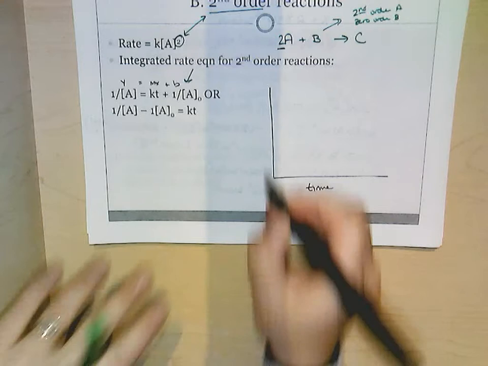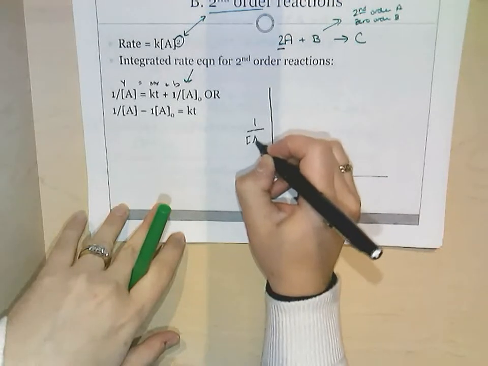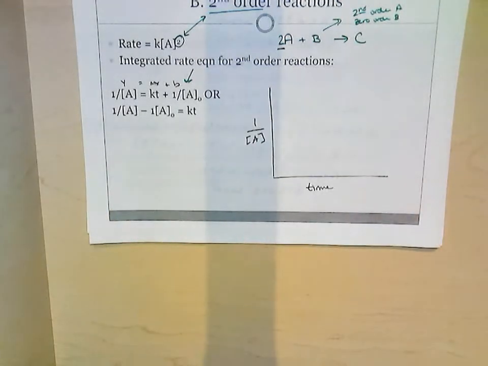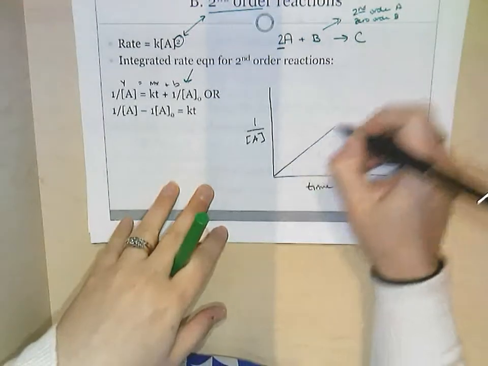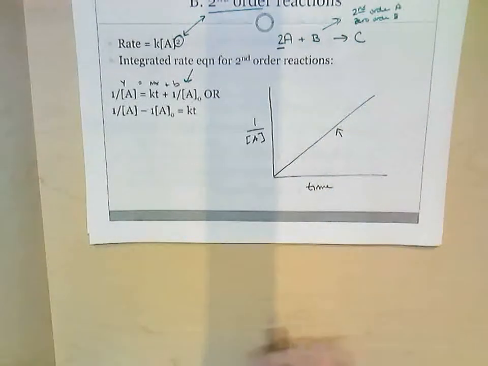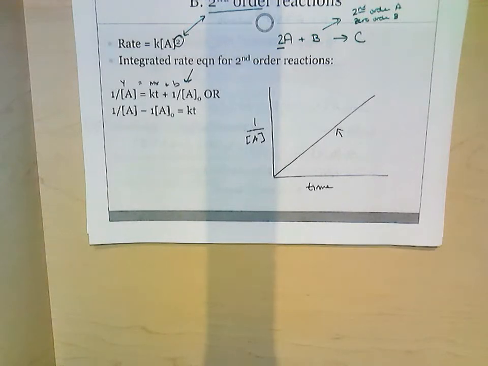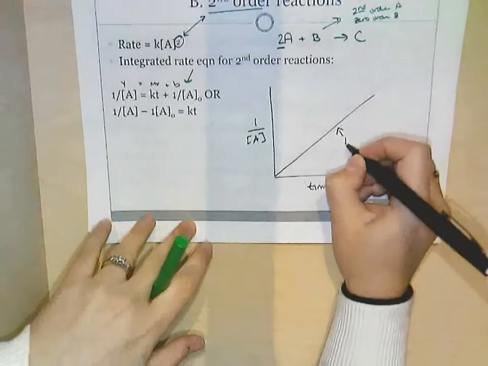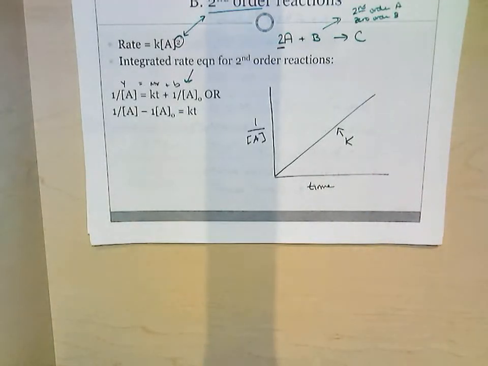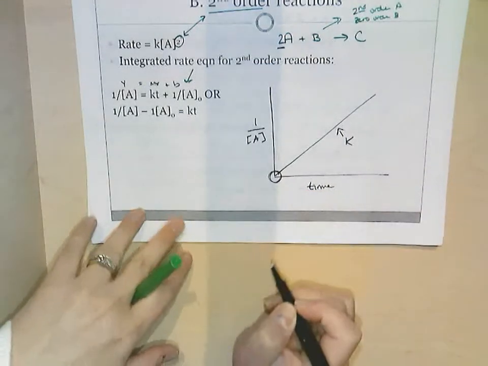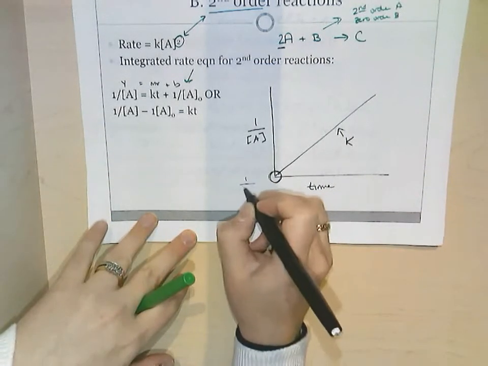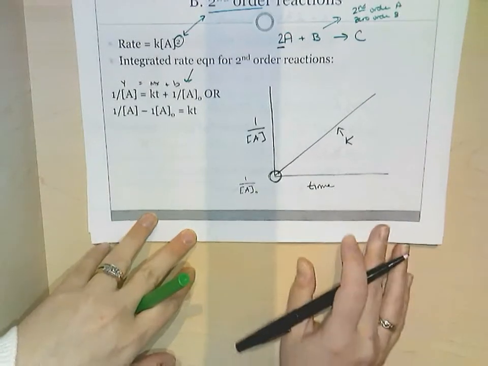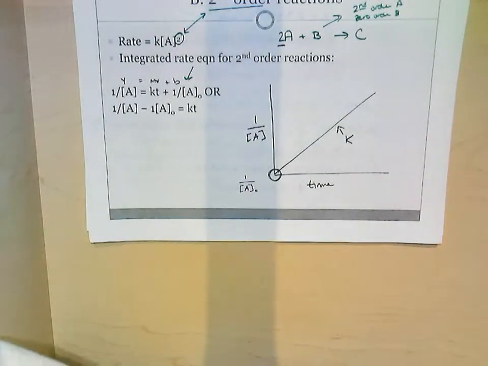Okay. All right, so then we have a positive slope. And what is the value of the slope based on my equation? Okay. Then the last thing is down here, my y-intercept is 1 over A sub 0, right? What does the sub 0 mean? Initial concentration.